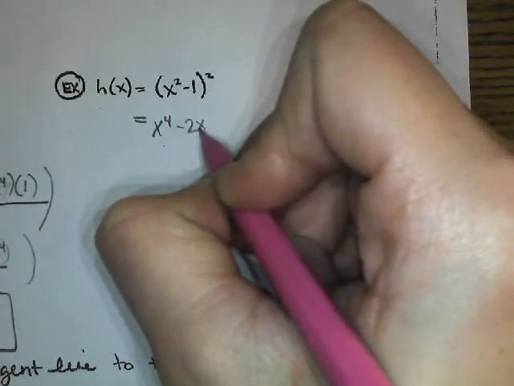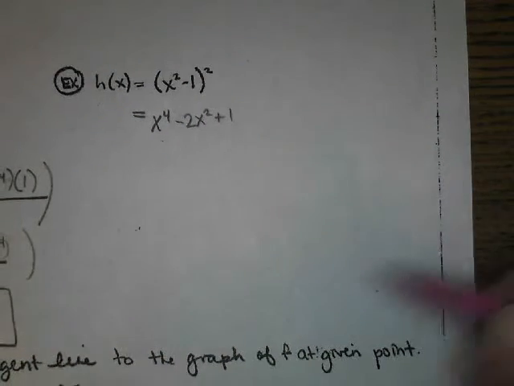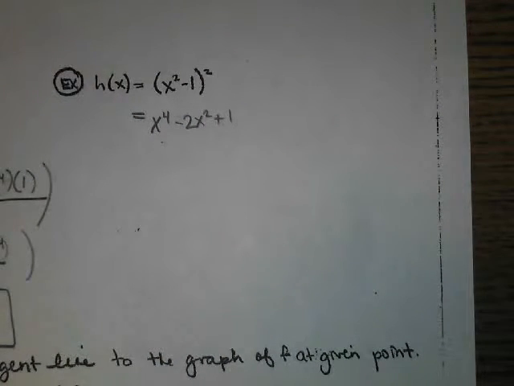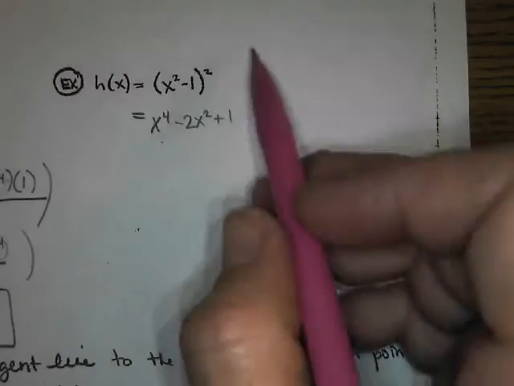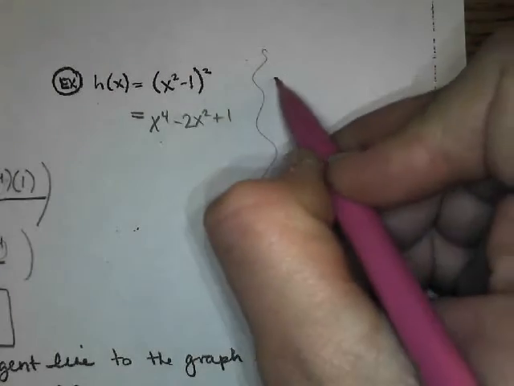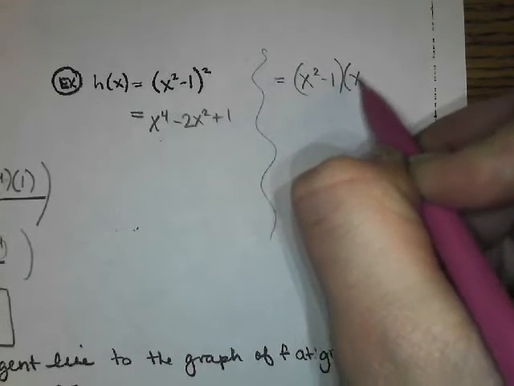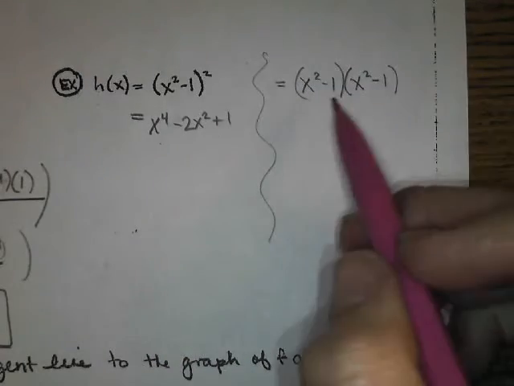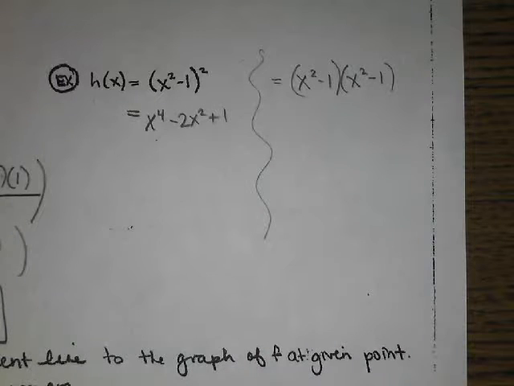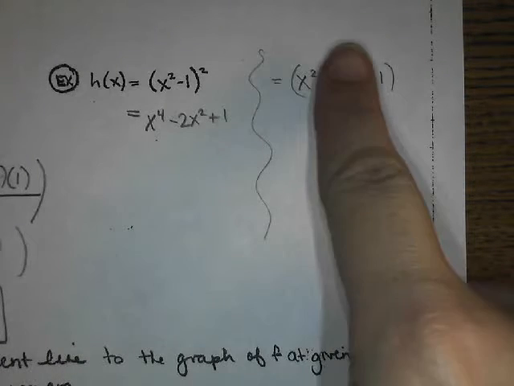And that is pretty easy to take the derivative of, right? Okay, that's one option. You may also do this. It's not going to be as efficient. But if you literally expand it and multiply that binomial times itself, you could do the product rule there, right? But that's going to be much longer. This one we're pretty much done. We can just derive.